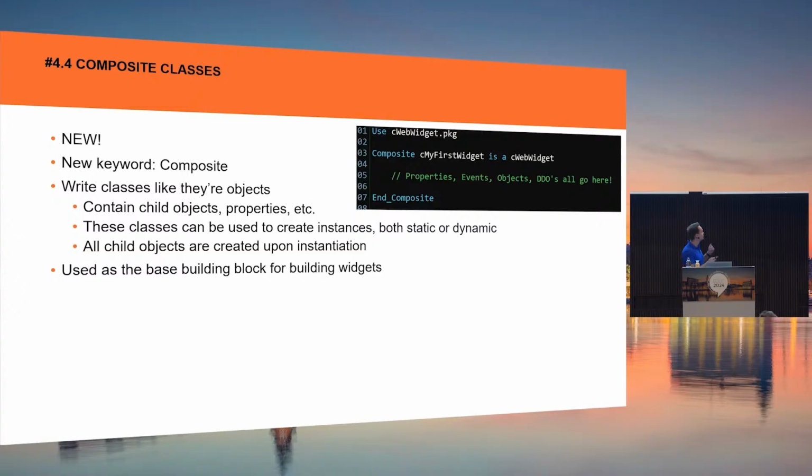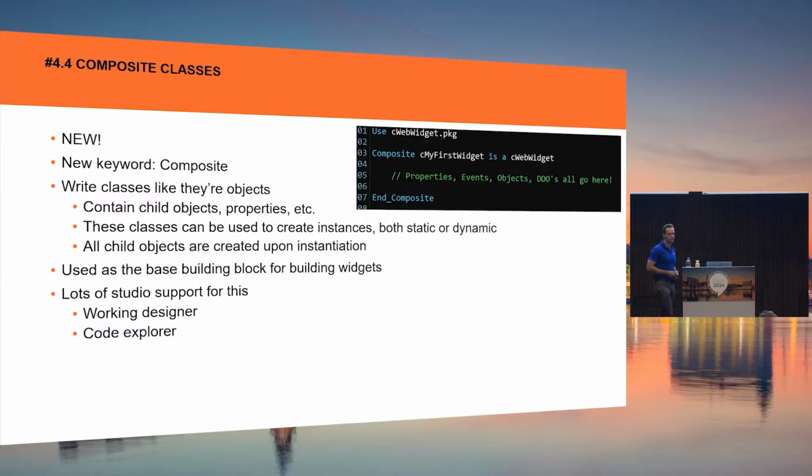These composites, as you might have spotted, are used as the base building block for widgets. And we've also already included lots of studio support for this. We've got a working designer, so if you're working in a composite and you press F7, you actually go into the designer and start working visually as if you were building a view. We also have a working code explorer, so within the composite, you can use the code explorer and jump directly to a sub-object or to a procedure inside the code.